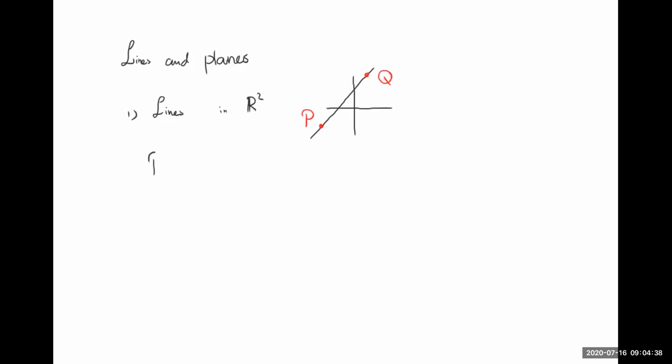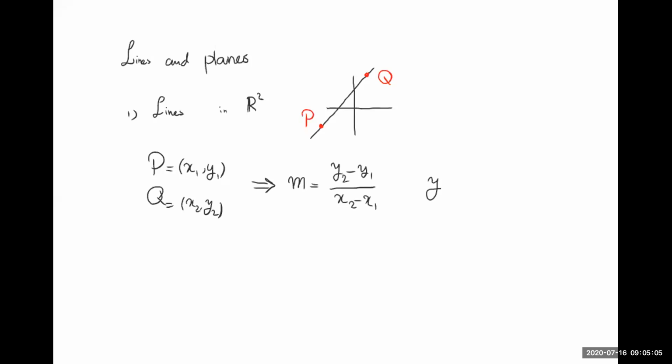Now, if the coordinates of P are x1, y1, and the coordinates of Q are x2 and y2, the equation for this line is going to be like this. We define m, the slope, to be (y2 minus y1) over (x2 minus x1). And if we do that, the equation for the line would be y minus y1 is equal to m times (x minus x1). That would be the equation of the line.